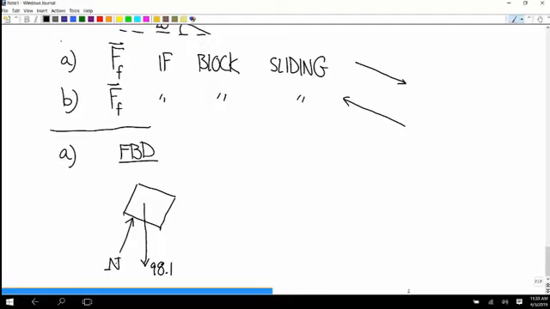And which way does the friction force go? It goes up the ramp because it's always opposite the direction of the velocity vector. And since it always has the same magnitude, I can just put this in here like this. We don't have to calculate what it needs to be and then compare to it. That's just what it is if it's moving.